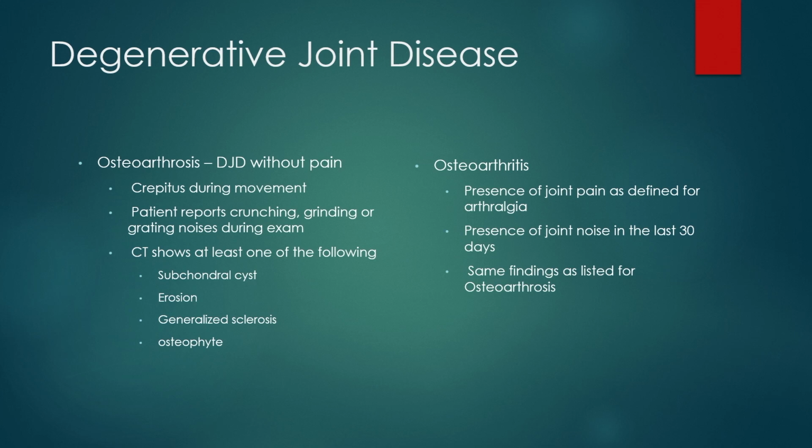Degenerative joint diseases are another possible aspect of a joint pathology. So arthrosis versus arthritis is where I want to go first.